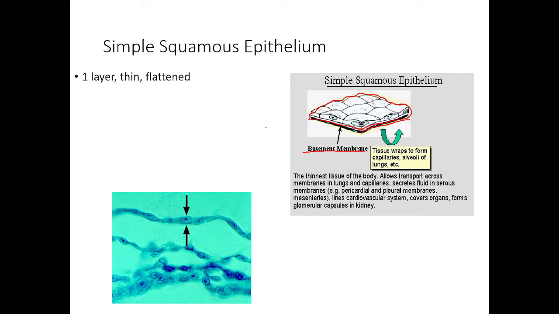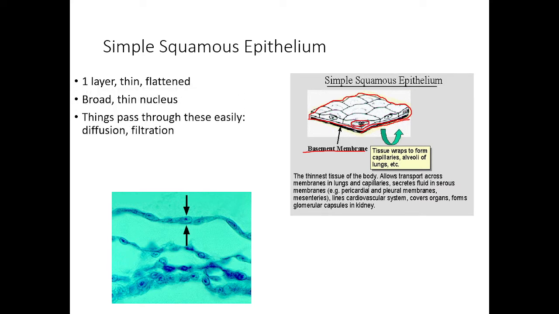First of all, it is a thin, flattened layer. Sometimes they are broad with a thin nucleus present in between them. Things pass through these cells easily with the help of diffusion and filtration.